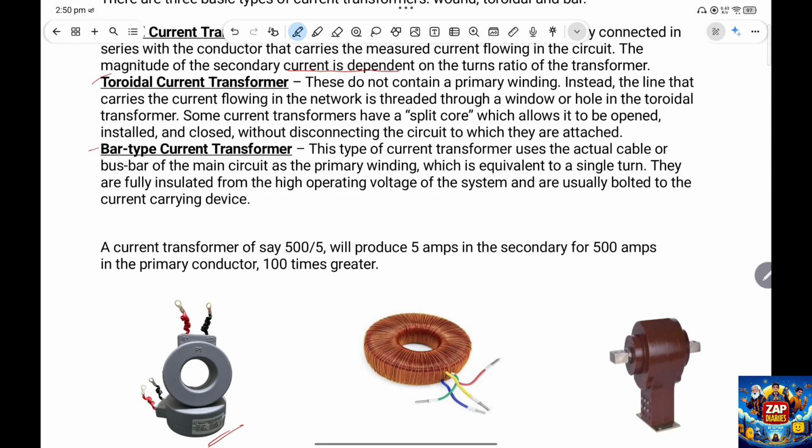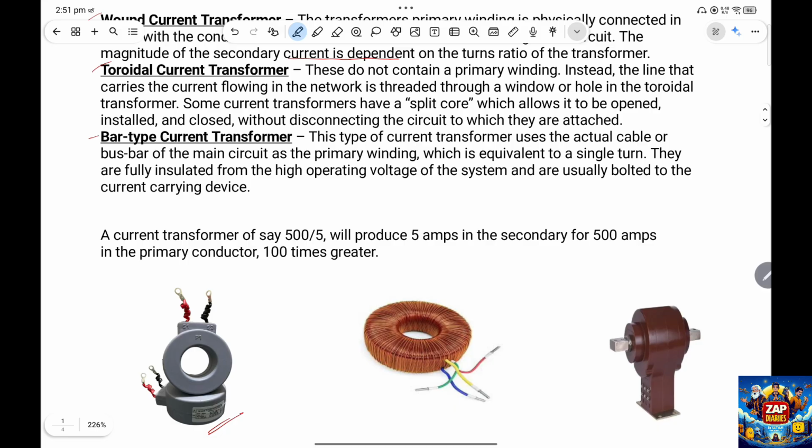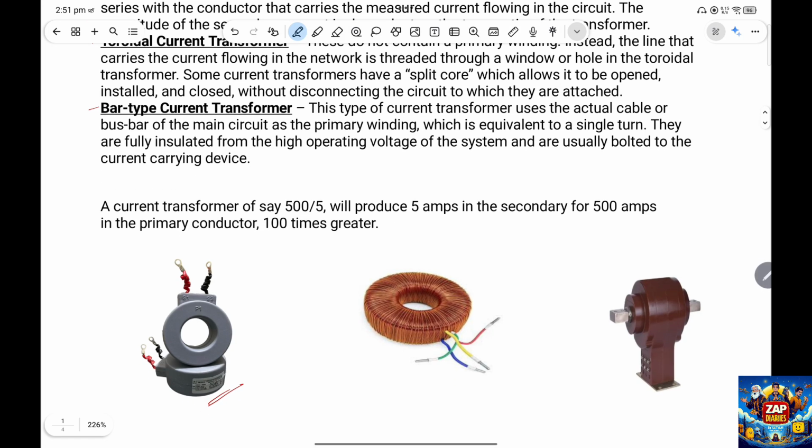Instead, the line that carries the current flowing in the network is threaded through a window, or you could say a hole, in the toroidal transformer. Some current transformers have a split core which allows it to be opened, installed, or closed without disconnecting the circuit to which they are attached.